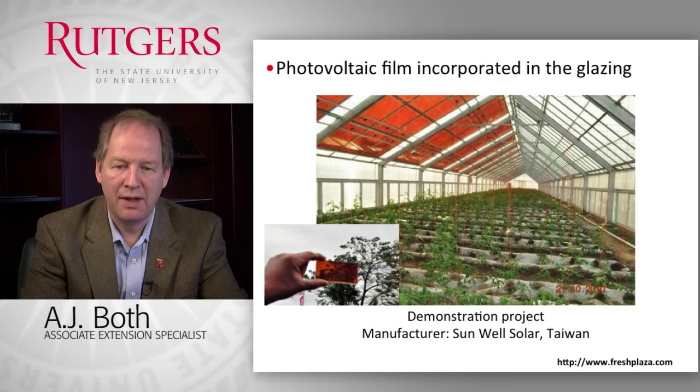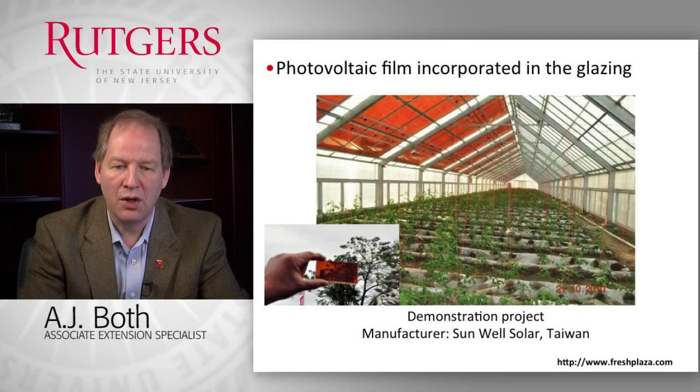A development that is new and is not yet widely available, that is very interesting, tries to overcome this issue of blocking light when you install photovoltaic panels on the south-facing roof of greenhouses. This is a system that is being tested at the moment that allows part of the light to go through, the light that is used for photosynthesis, which is very similar to visible light, but it intercepts the heat radiation associated with solar radiation and converts that heat radiation into electricity.